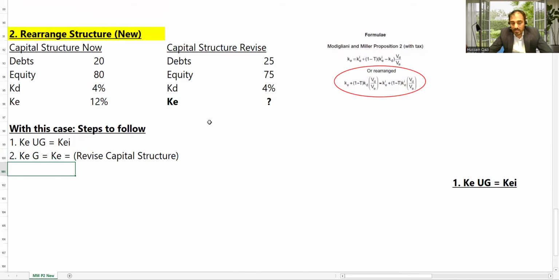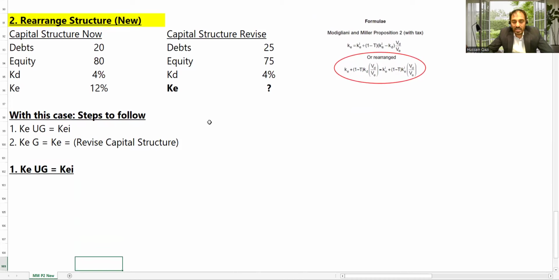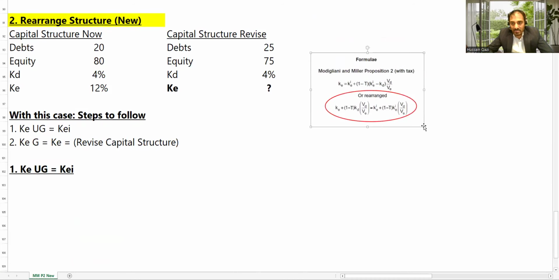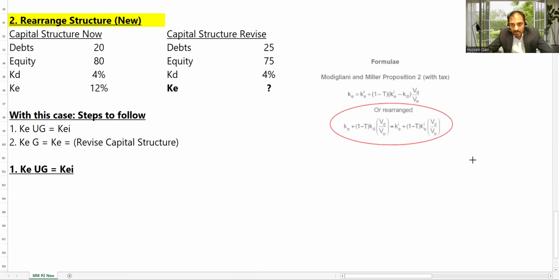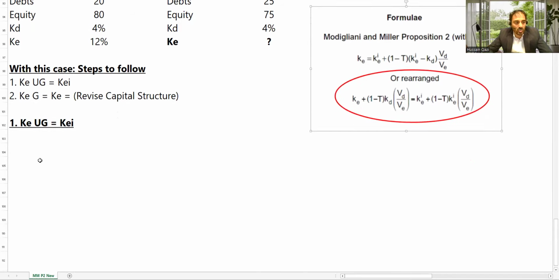So how to calculate? The first thing, number one, is to calculate the K ungeared. Here, this is the key point of this session, how you will calculate.